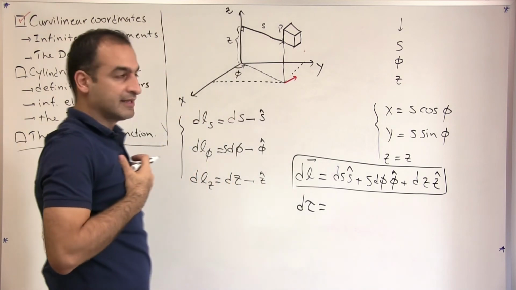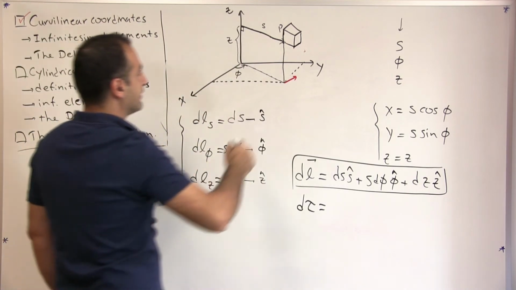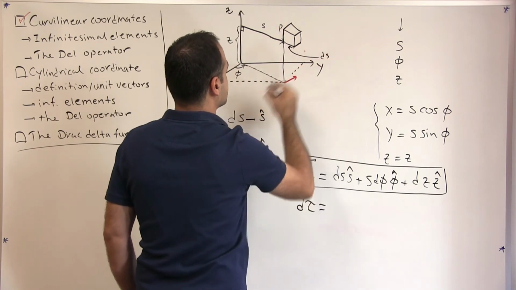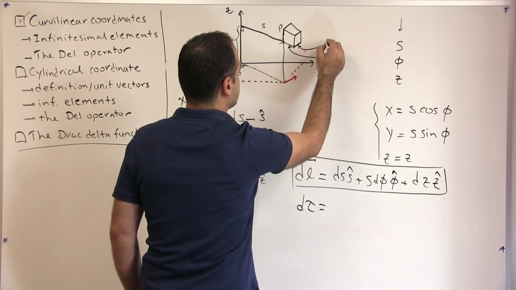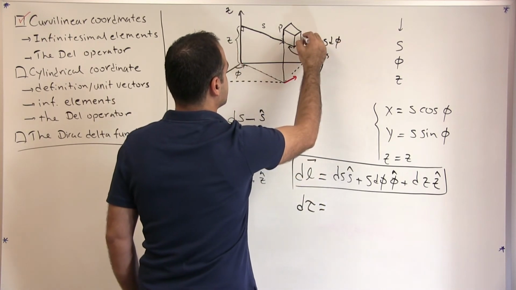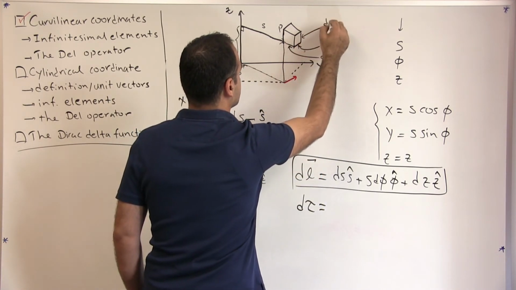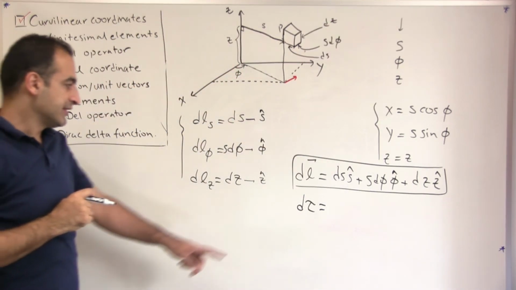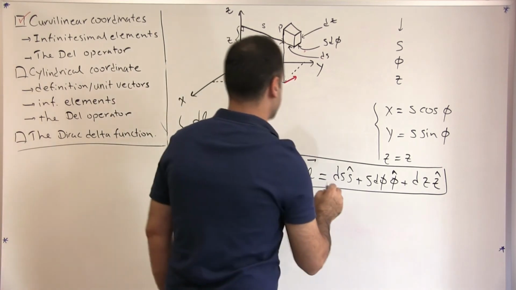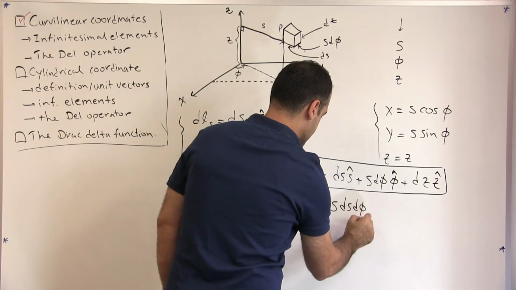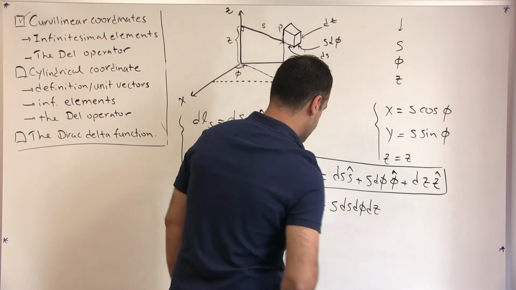Okay, something like this, with this side being ds, this side being s d phi, and this side being dz. So d tau can be written as s ds d phi dz.